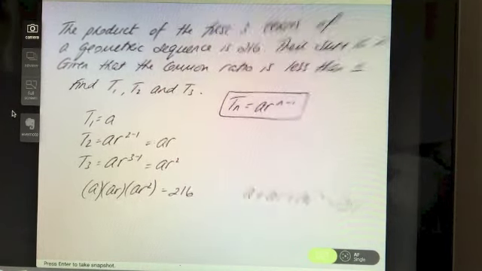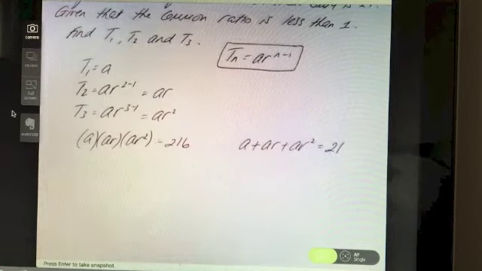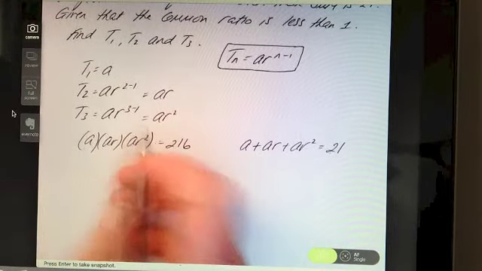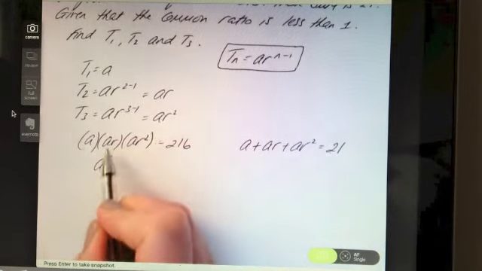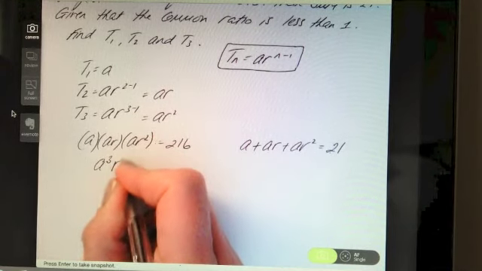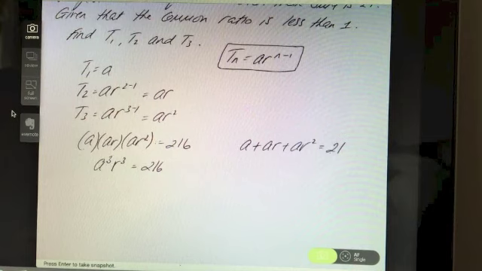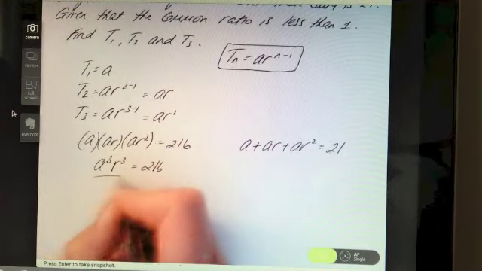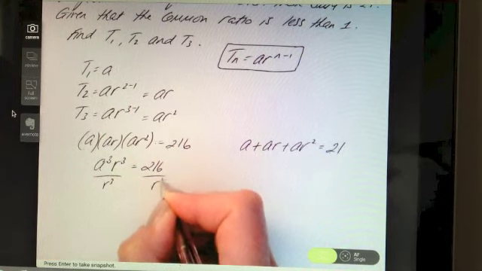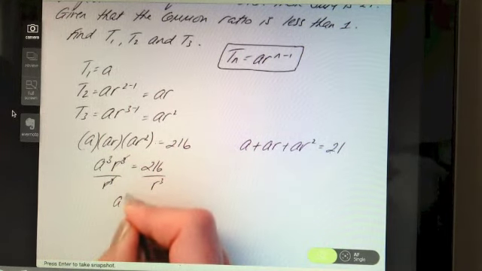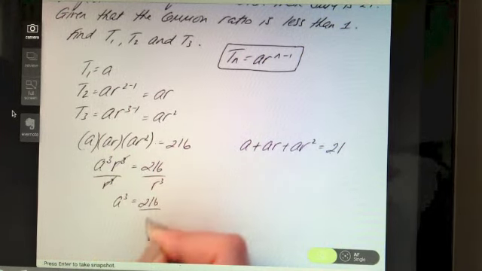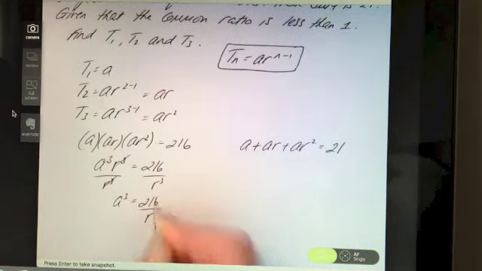Okay, so simplifying the left hand side here, A times A times A is A cubed, and R times R squared is R cubed. So A cubed times R cubed is 216. So if I was to try and get A on its own here, I divide both sides by R cubed, and I get A cubed is equal to 216 over R cubed.